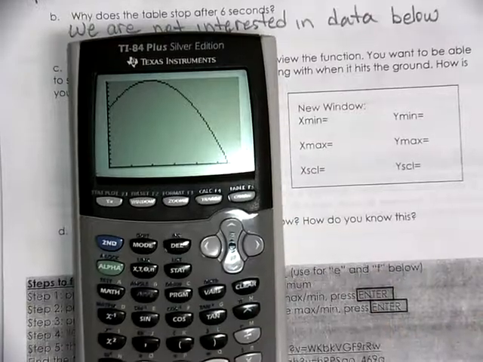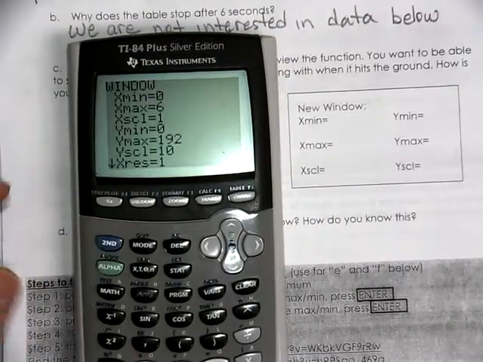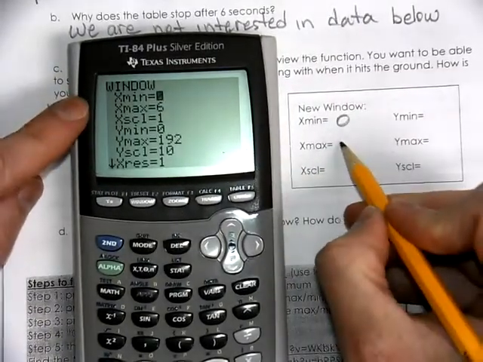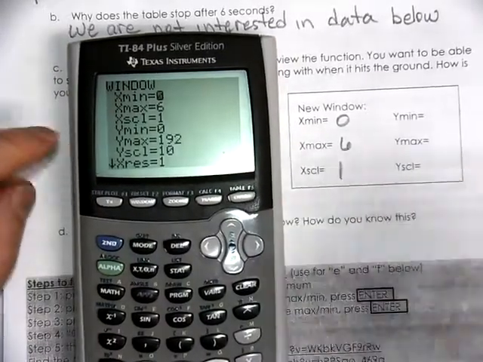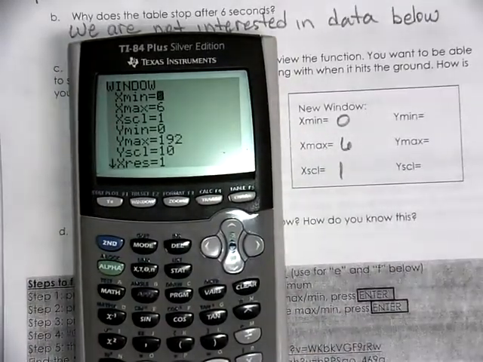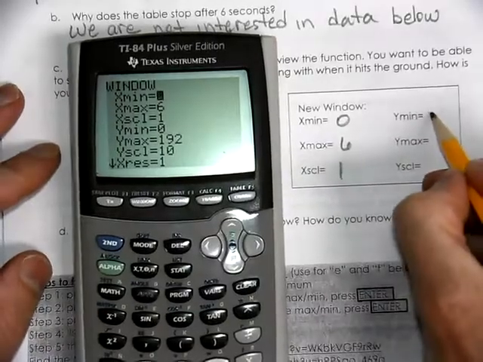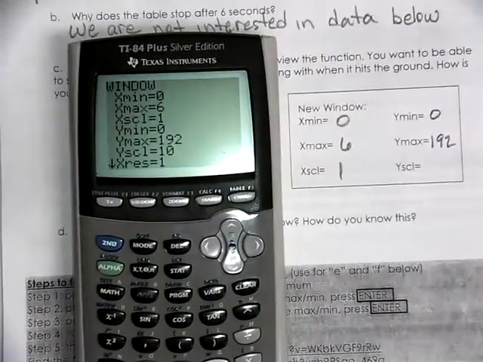Then here in the new window, we made some adjustments so we could actually see what was going on. We had a minimum of 0. We chose to use a maximum of 6 and a scale of 1. Wasn't much of a need to change that scale. The minimum value, we currently have 0 down and 192 as a maximum height.